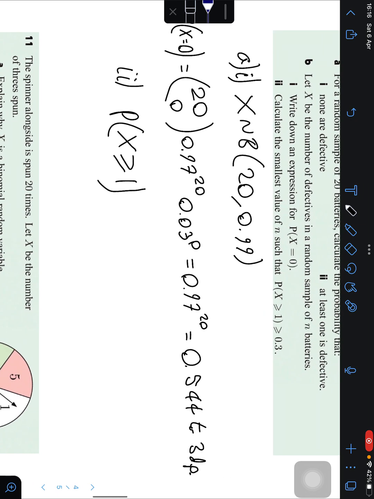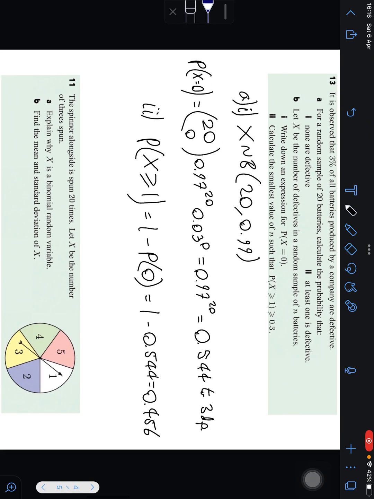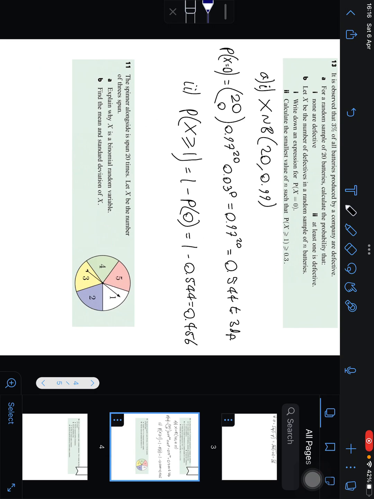But what we know is that if P of x is greater than or equal to 1, that's the same as 1 minus P of 0, because P of 0 is the only one that's not included. So this is exactly the same as 1 minus 0.555444, whatever. And so therefore we get 0.456, again to 3 decimal places.